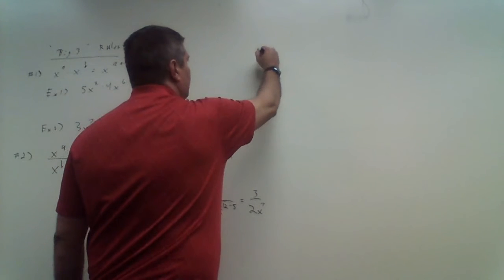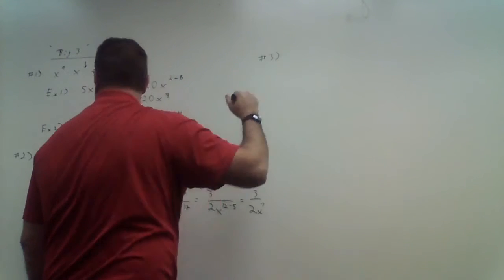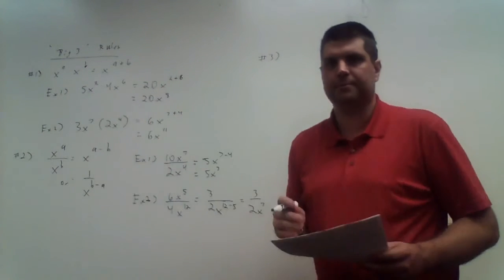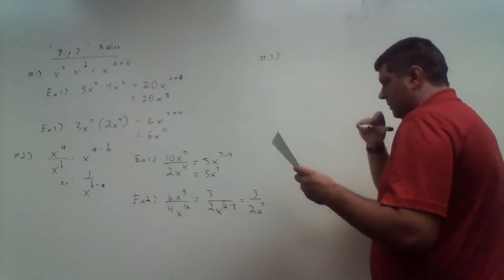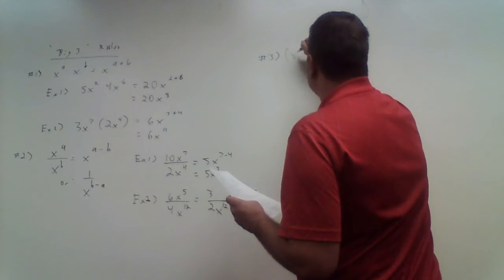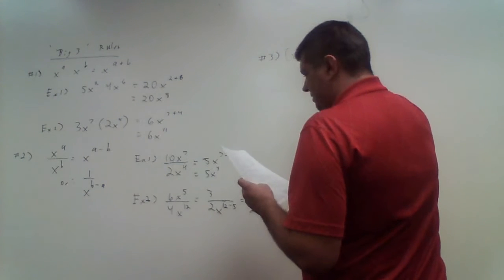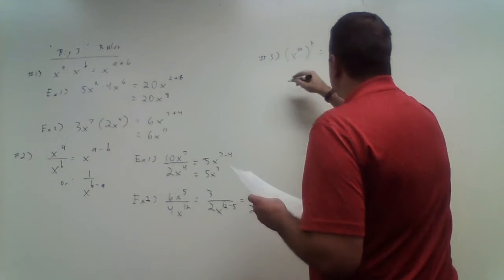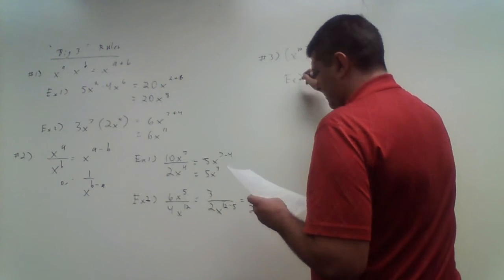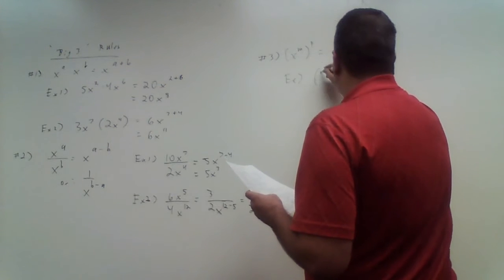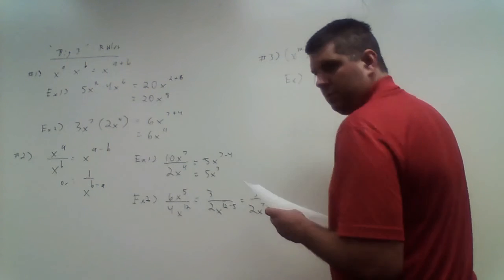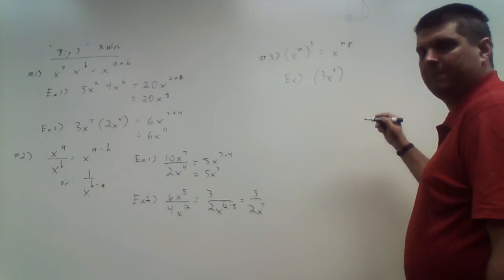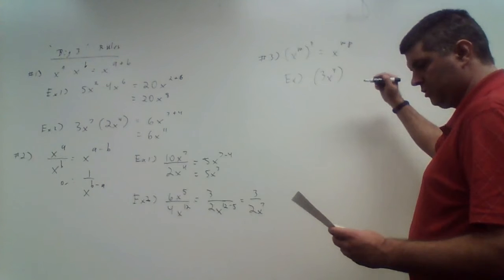Big rule number 3. x to the m raised to another power n is going to be x to the m times n power. So the example that I provided, 3x to the 4th squared.